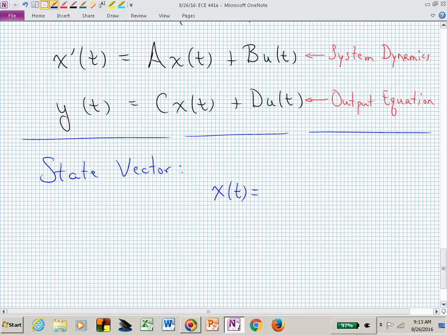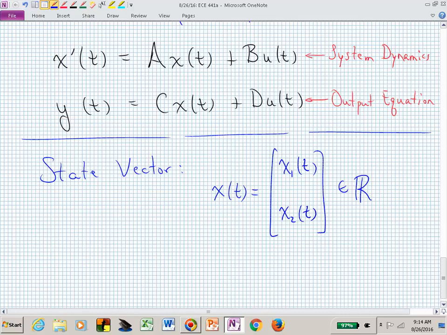How many state variables do we have in this system? 2. So our vector x is just going to be 2 coordinates tall, and we'll just stack our state variables in a vector. And the dimensions of this vector, and we'll just keep everything real today.